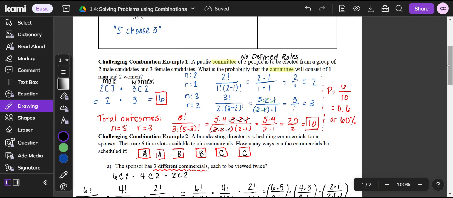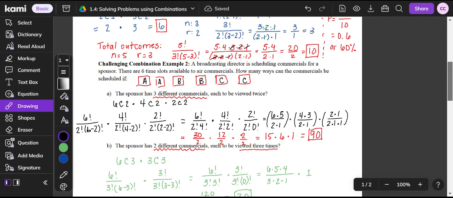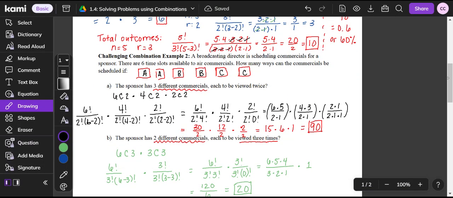Okay, let's look at the next one. It says a broadcasting director is scheduling commercials for a sponsor. There are 6 time slots available to air commercials. How many ways can the commercials be scheduled? So in this one, again, not necessarily a keyword here for combinations, but time slots is what lets me know that this is a combination, and the fact that it's a commercial.